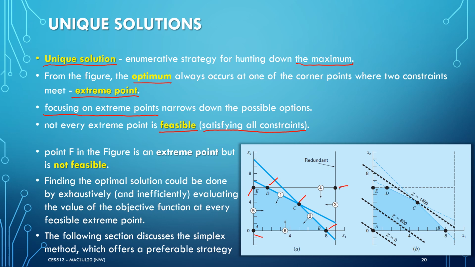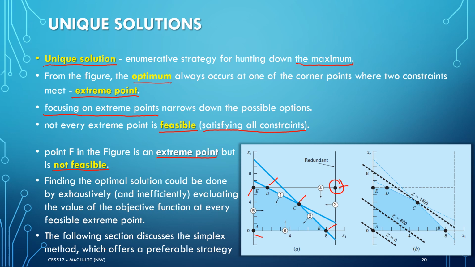For example, notice that point F in the figure here is an extreme point, but it is not feasible because it is beyond the feasible region.